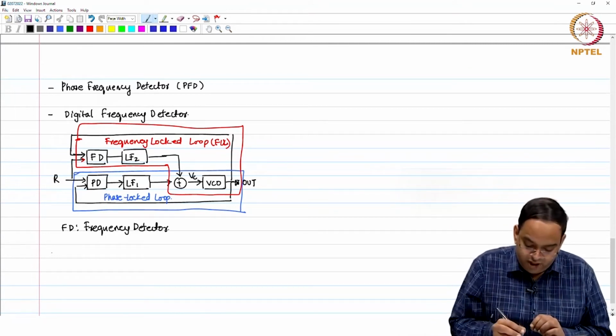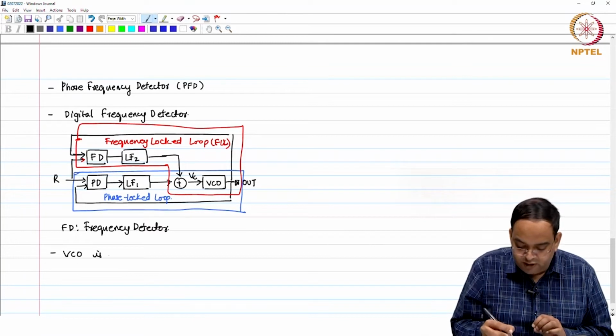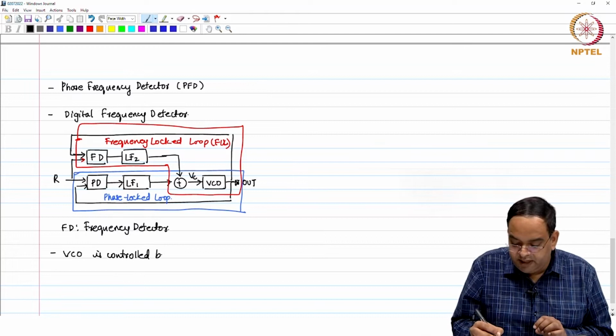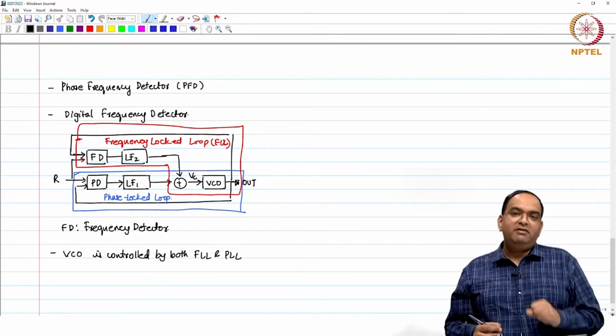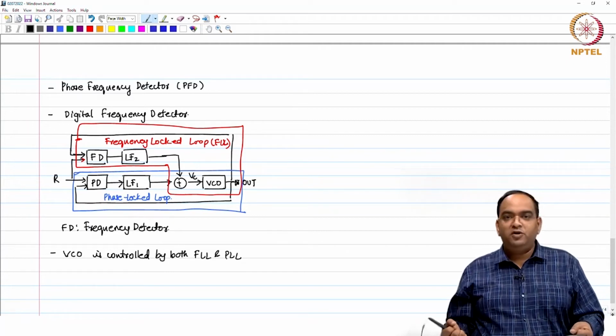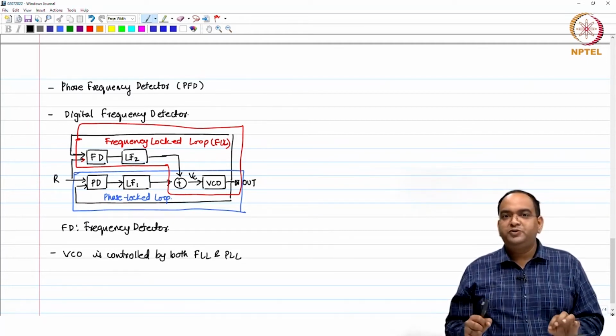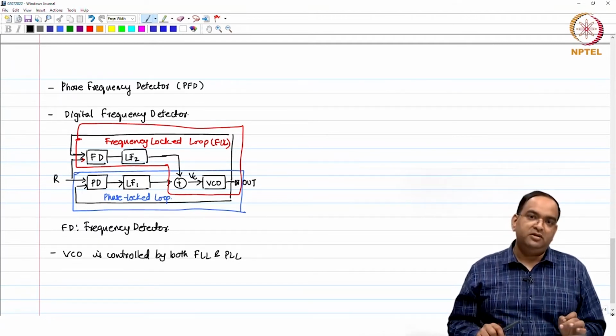The important point here is that the VCO is controlled by both FLL and PLL. Now, this is a problem. It is like you are having one block which is controlled by two different loops. So, the two loops should control it in such a way that they do not oppose each other.